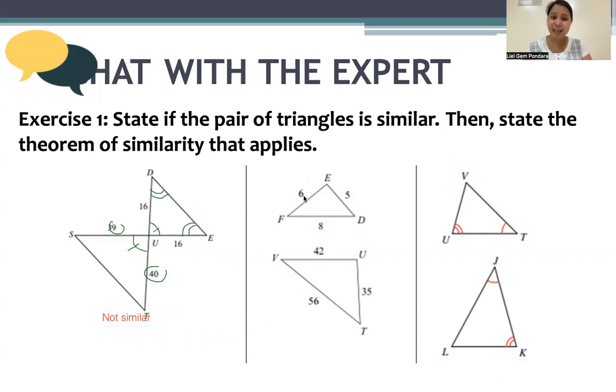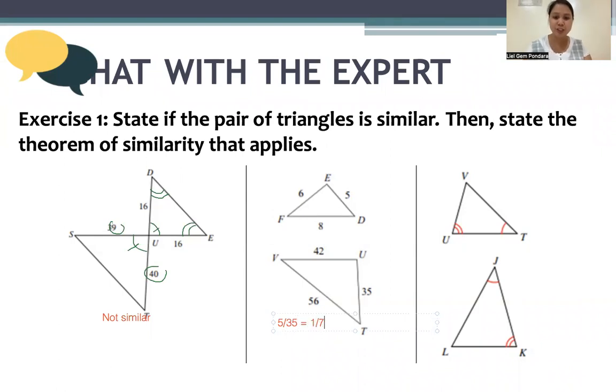We have three given sides, 6, 5, 8, and 42, 35, 56. We'll check if the three given sides are proportional. So you'd like to check the SSS Triangle Similarity Theorem. So let's have the shortest side. That's 5 over the other shortest side, over 35.